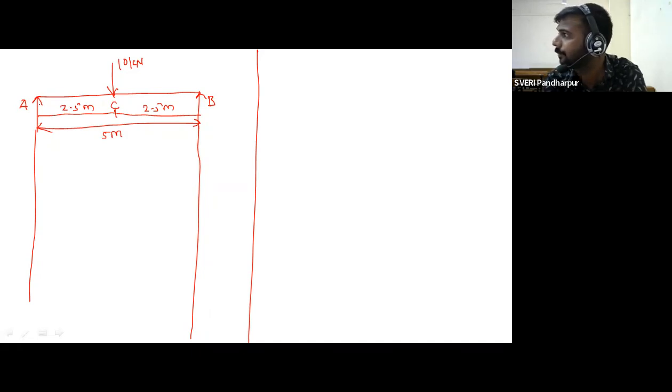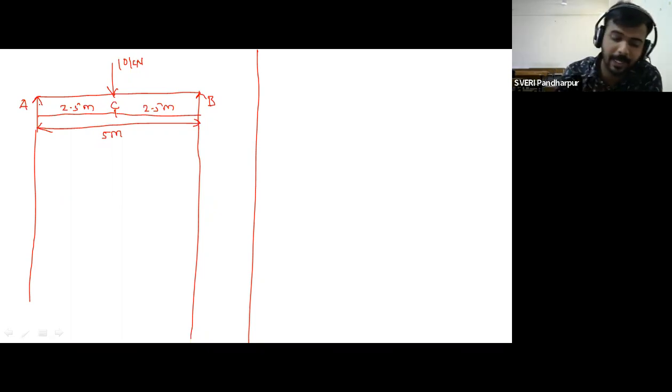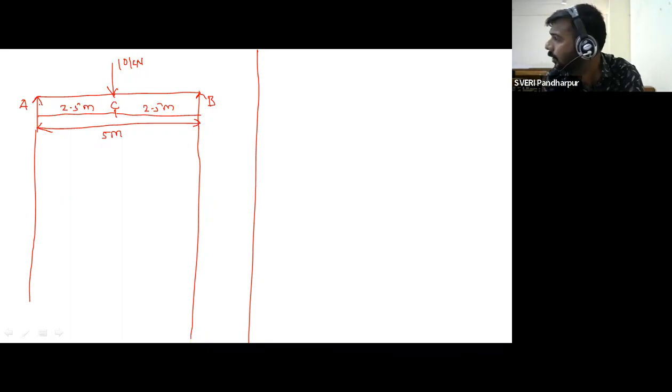Getting? This is under the standard case. We are having the direct formula also. What is the formula for this case? WL square upon 4?